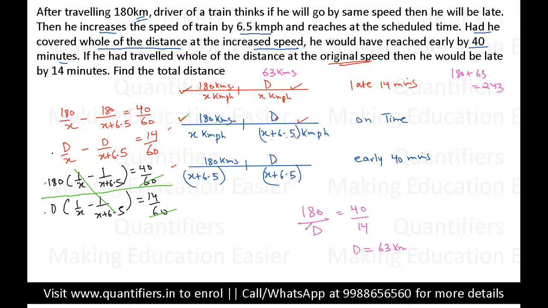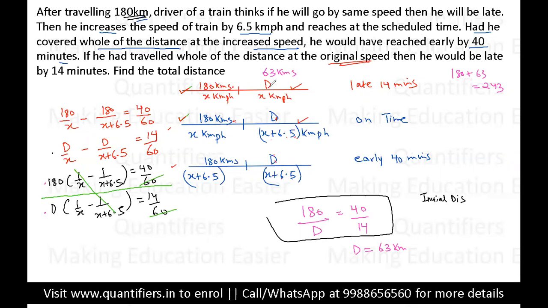But now just see the shortcut here, guys. See, this is the thing which we finally got. Now, what is 180 here? 180 was the initial distance traveled. I'll write here initial distance. And what is d, students?